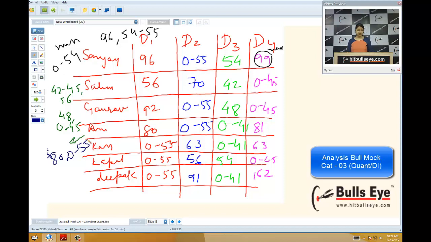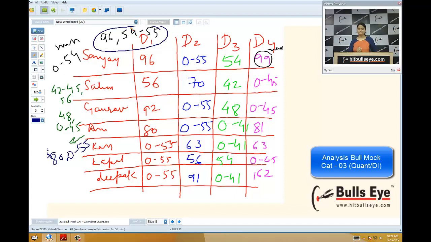Now, what was the question? For how many typists is it possible to calculate a single value of sigma? This is possible for Sanjay only. Why so? See, these are the two middle quantities: 96, and 54 or 55. It is also mentioned in the question that sigma is an integer. 96, one value is fixed. The other value can be 54 as well as 55.